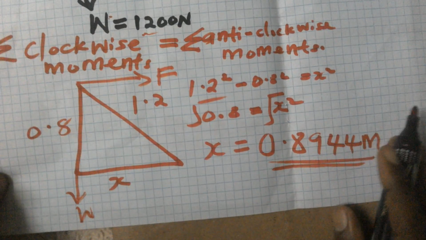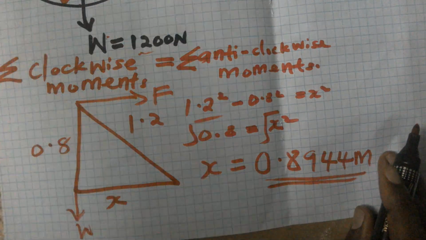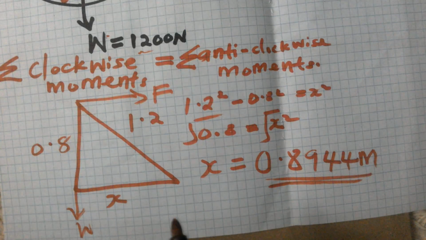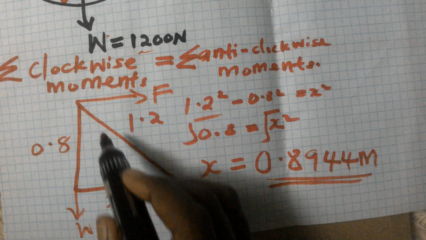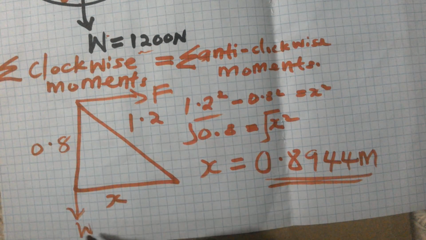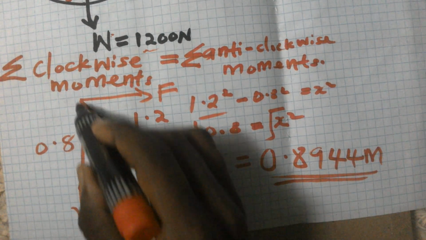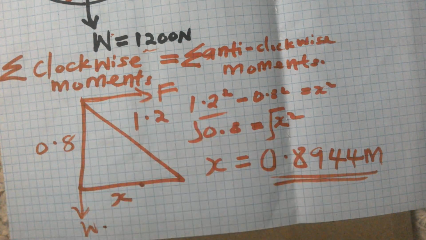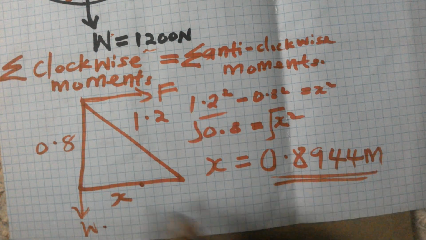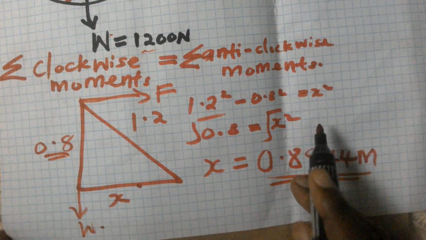So we're having something like this. When we're having something like this, it means the clockwise moment is this weight and this, and the anticlockwise moment is this and this. Are you getting that? Yeah, that's why you're using 0.8.